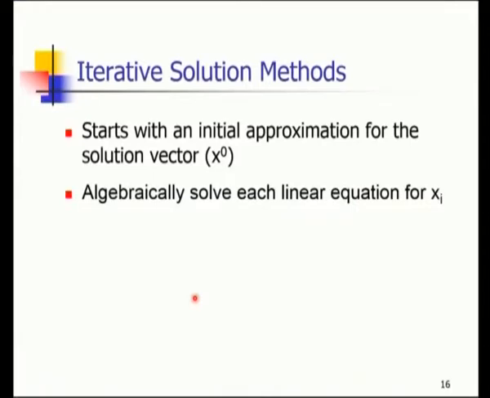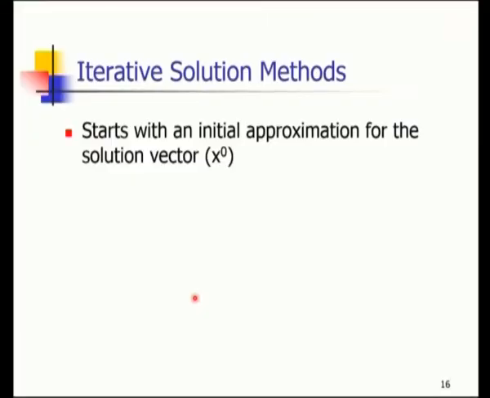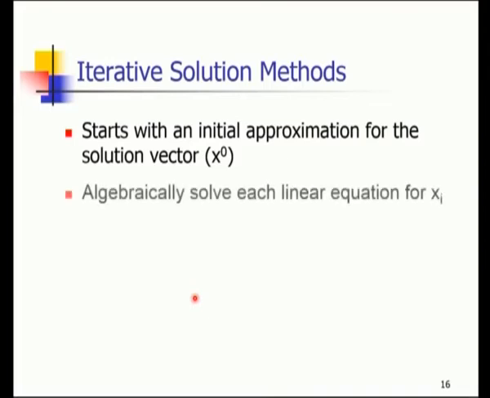Since these two methods are iterative methods, we need a starting point, that is the initial approximation vector, which we denote by x naught. We solve algebraically for each variable xi and refine it iteratively to get near the exact solution. We repeat this for each variable.